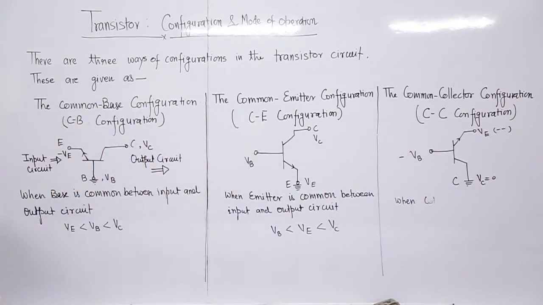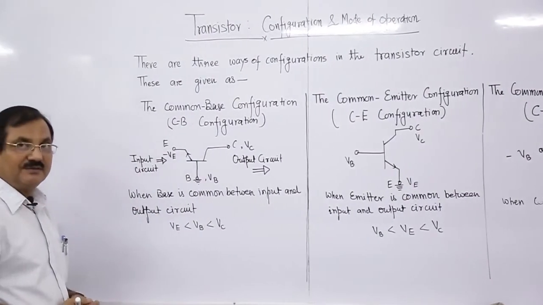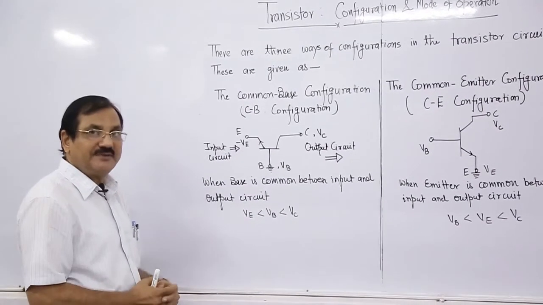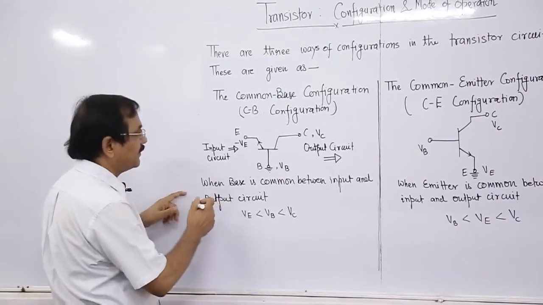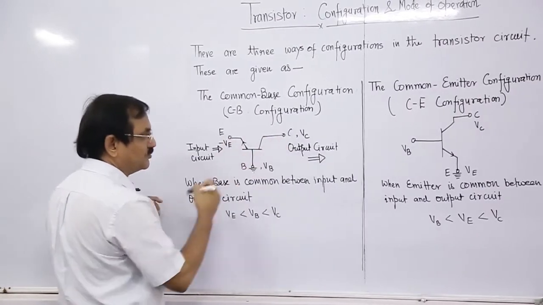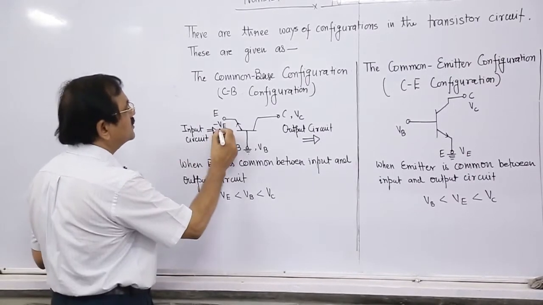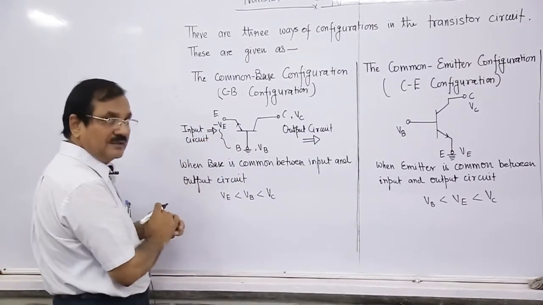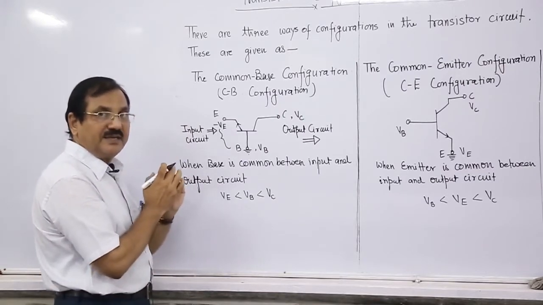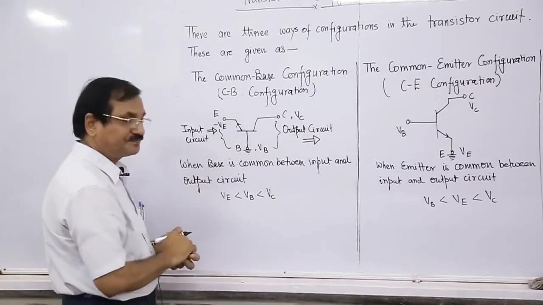Now, the potentials across the terminals for the processing action of a transistor are given as follows: this one is the base terminal, here is the emitter, and this one is the collector. This portion is the input portion, where input signals are given, and here is the output section.